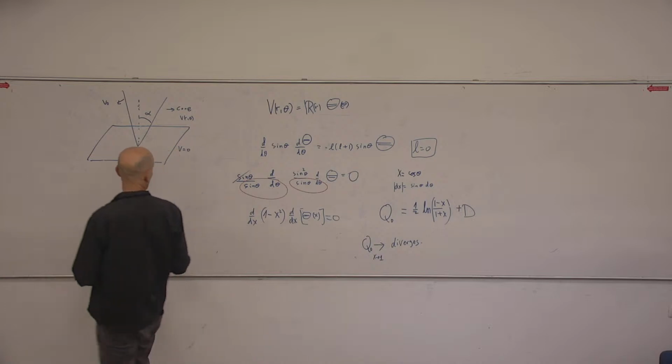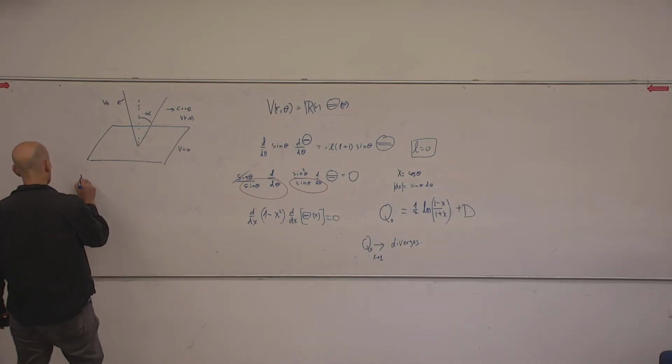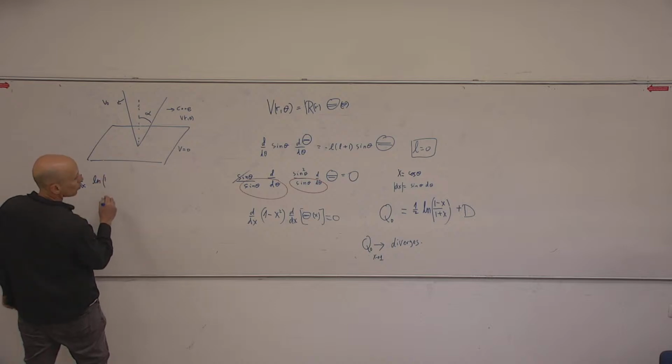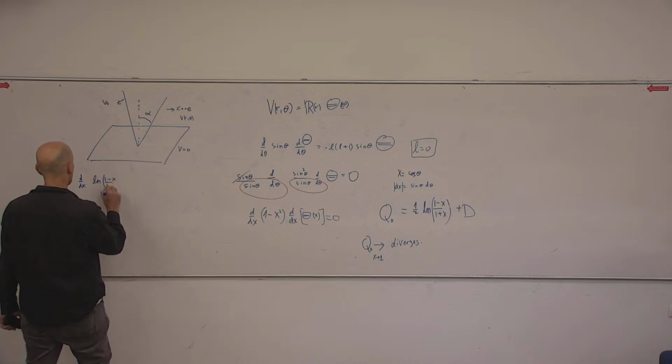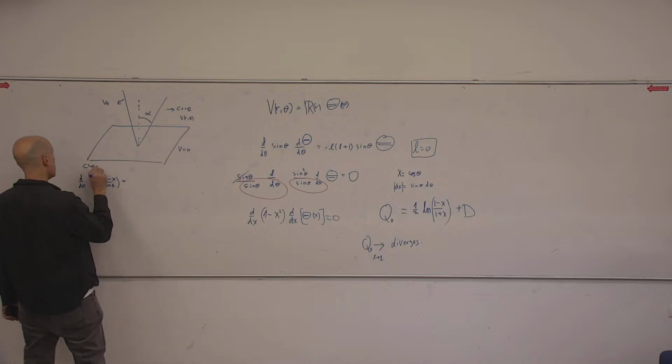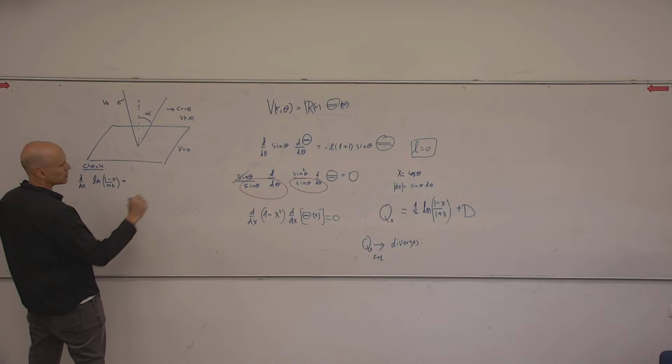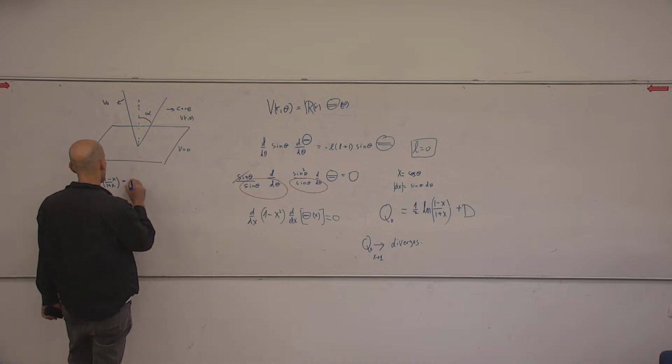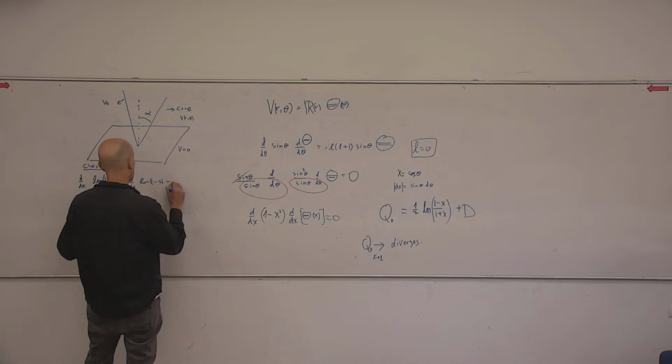So what we need to do, let us take the derivative of this log of (1 minus x) over (1 plus x). So now I'm just checking that it satisfies the equation. So this is d over dx of log of 1 minus x minus log of 1 plus x.